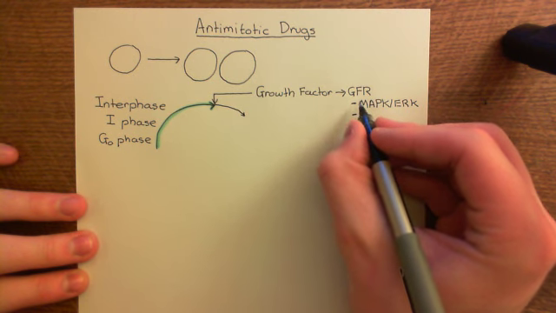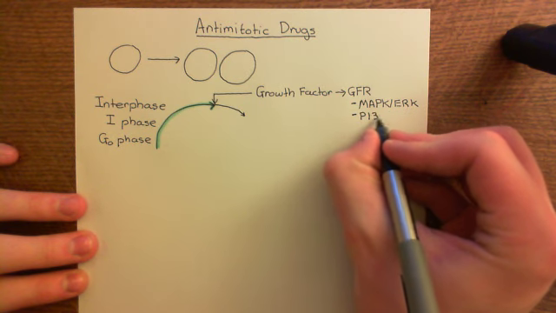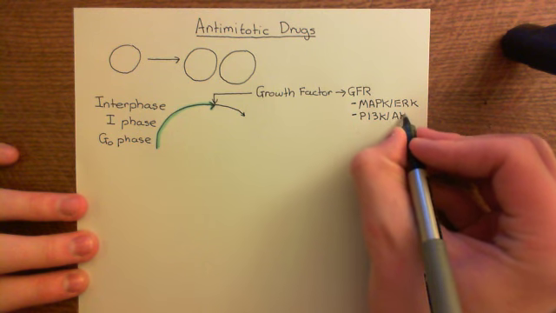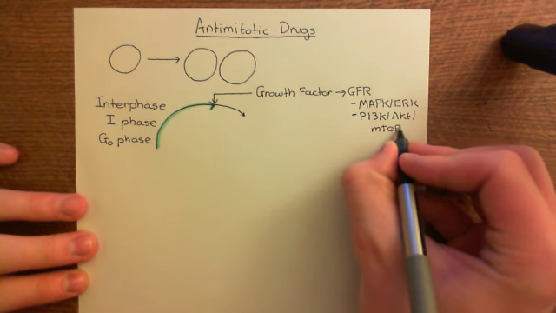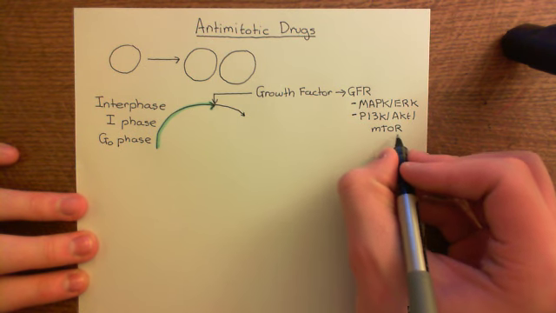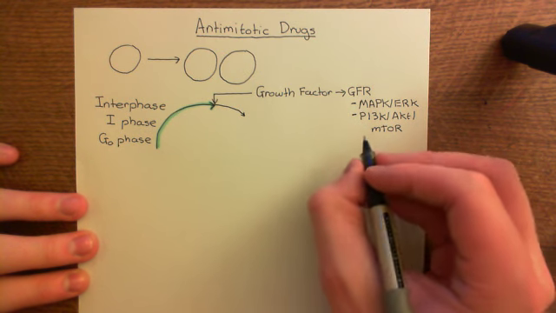In addition, growth factor receptors can activate what's known as the PI3 kinase pathway, okay, also called the PI3 kinase AKT mTOR pathway in full, okay, and this again leads to the activation of a very powerful transcription factor, in this case the mTORC1, the mammalian target of rapamycin complex 1, okay.